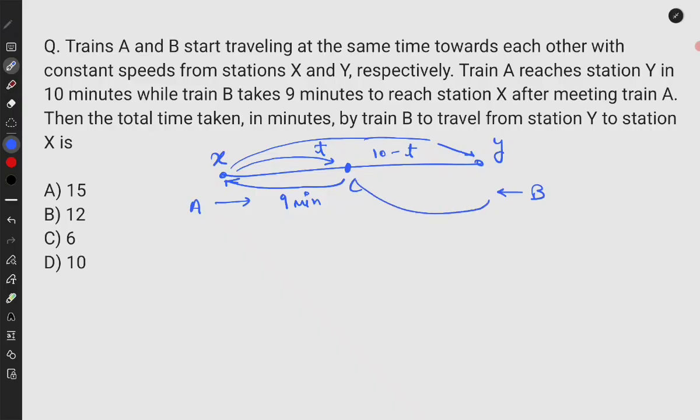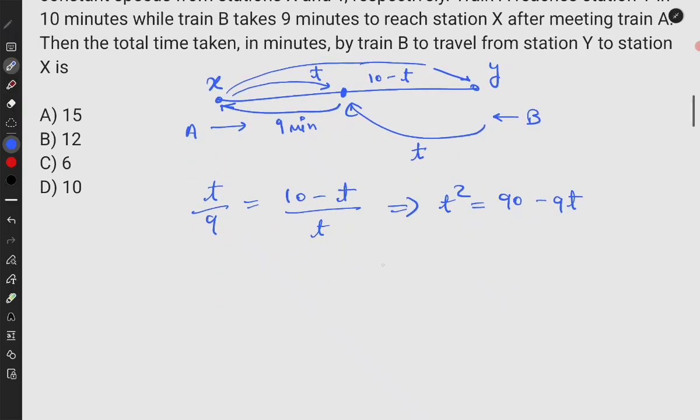Train B took the same time to reach point C as train A took, T time. Now let's compare the time ratios. T by 9 will be equal to 10 minus T by T. So it will be T square equals 90 minus 9T.